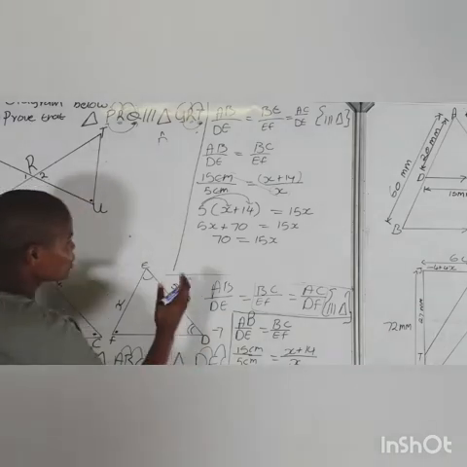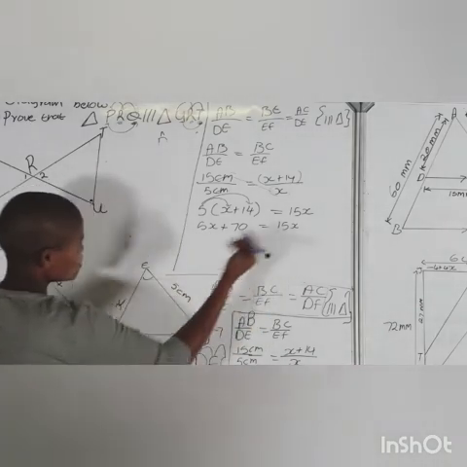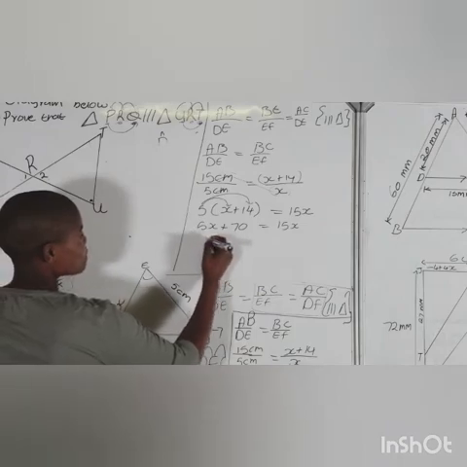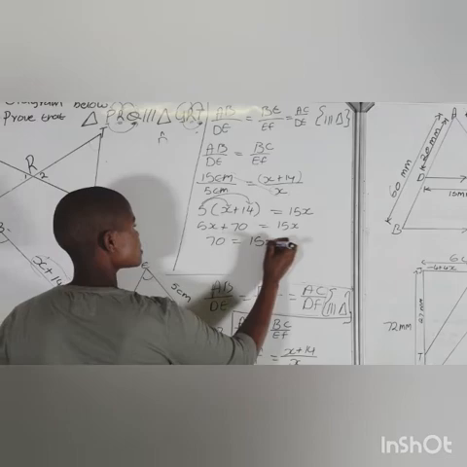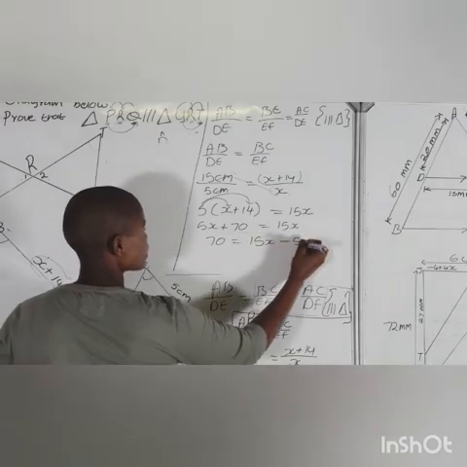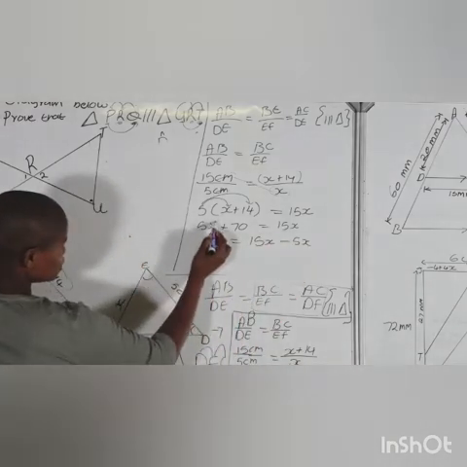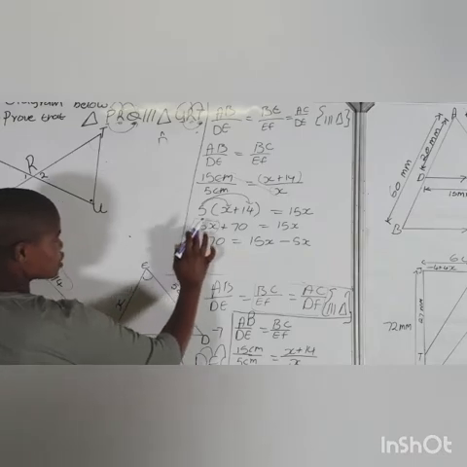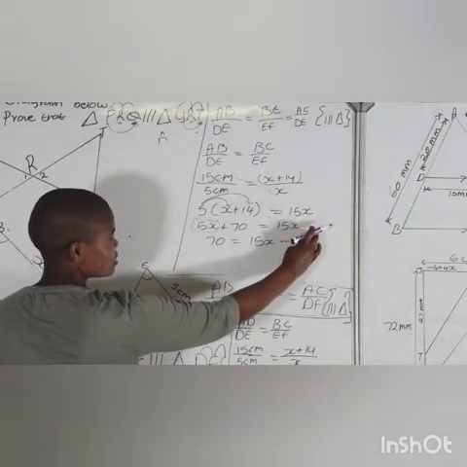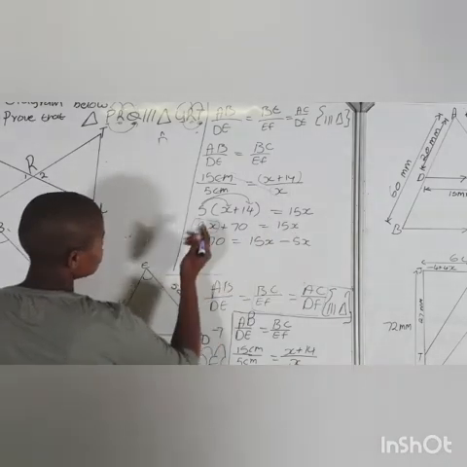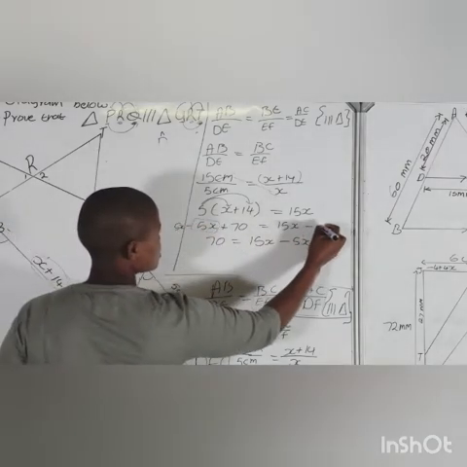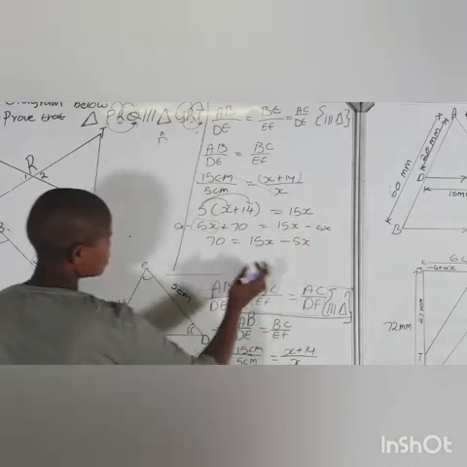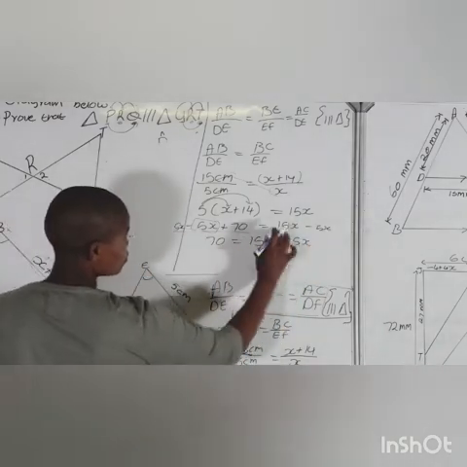Okay, when I do additive inverse, let's do that. I will say 70 is equals to 15x minus 5x. Why? Because there's 5x this side, it is positive. So when it goes that side, it must be negative. Or I can just say minus 5x this side and minus 5x that side. So it's either you do it like that or you do it like this.